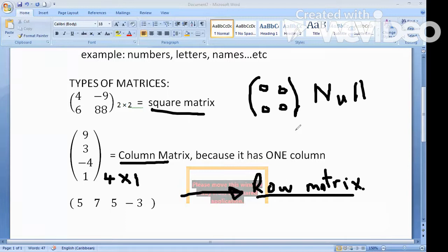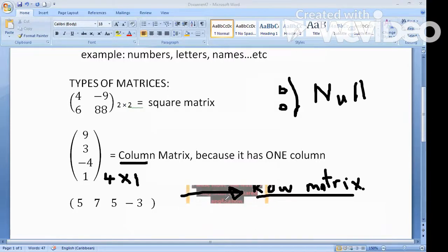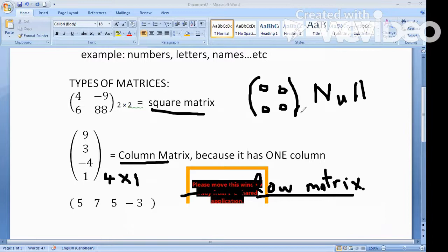And for our purposes, for CSEC, they always seem to use 2 by 2 matrices. So for CSEC, most of the time it is 2 by 2.